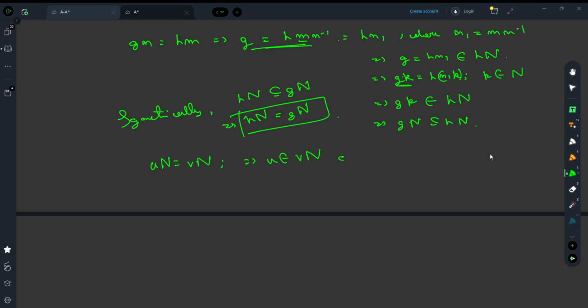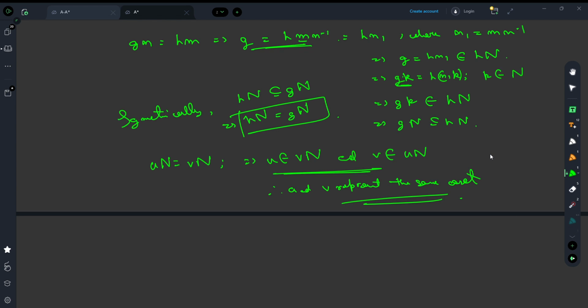Similarly, since 1 is an element of N, that implies v is in uN, right? So what does this mean? This means u and v are the representatives of the same quotient. Therefore, u and v represent the same quotient, right?